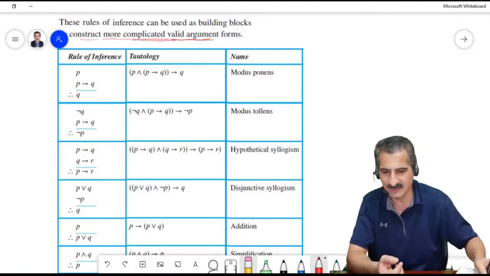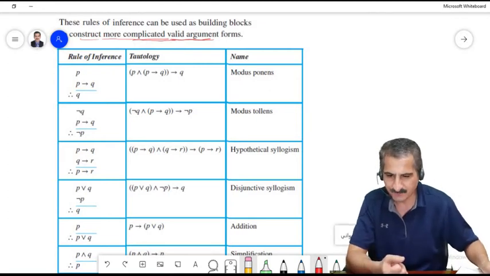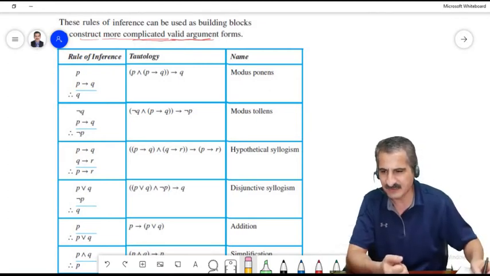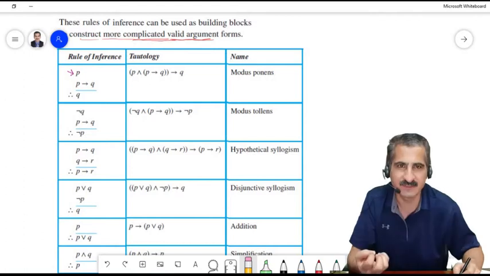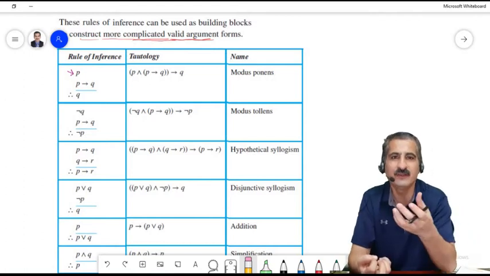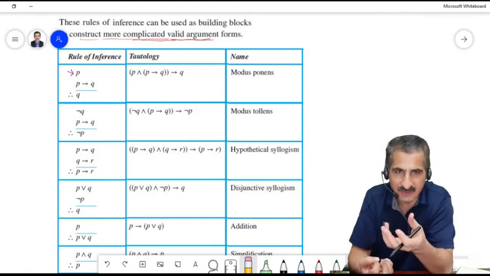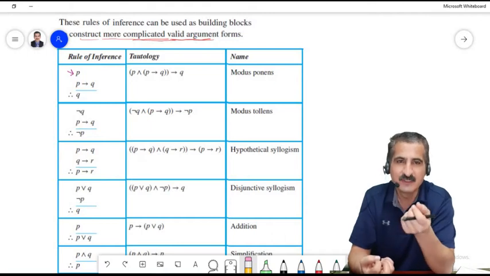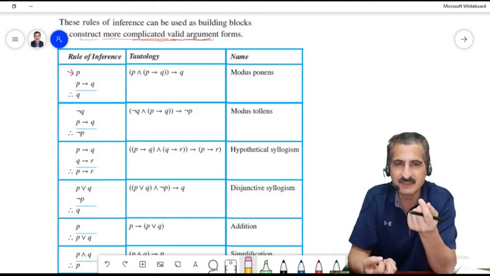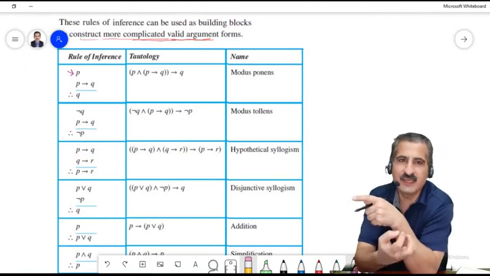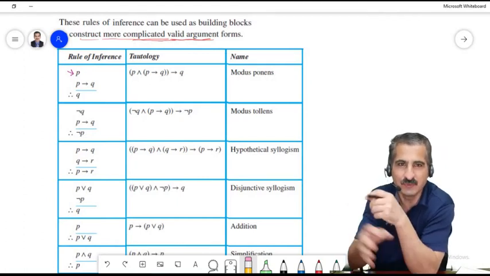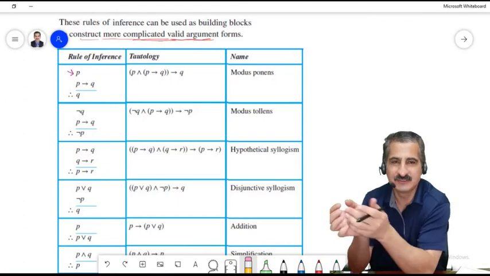Look at this. The first one, we have just worked an example for it. It says if we have P in hand, so P is happening, and if we have the following also happening, which says if P is happening, then Q will happen. And we have P happening, so we will conclude that Q will happen. So it is that easy.